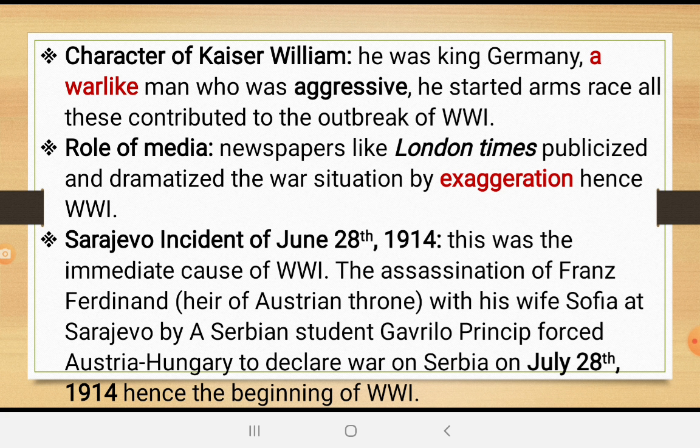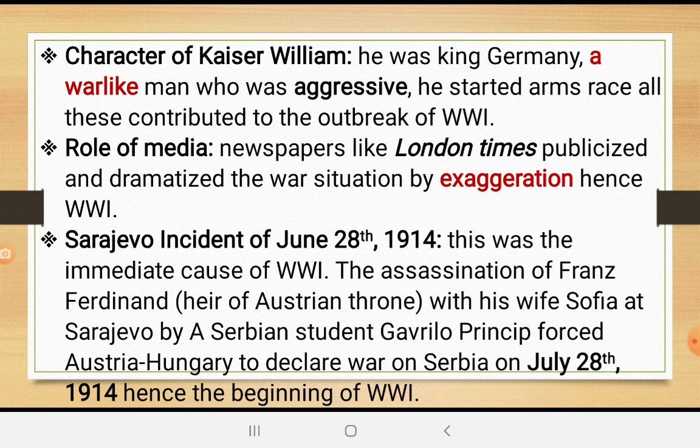It publicized and dramatized the whole situation through exaggerations. Exaggeration by saying this side has 10,000 weapons and this one is ready compared to this one, hence First World War.